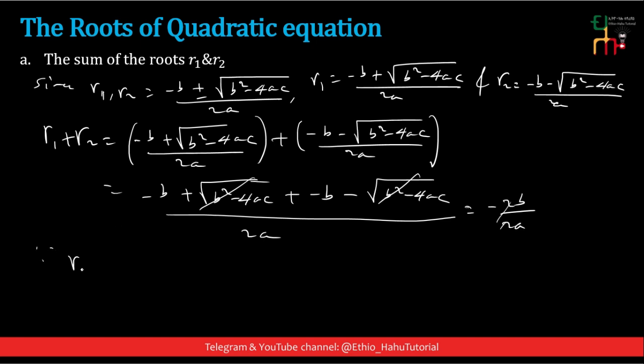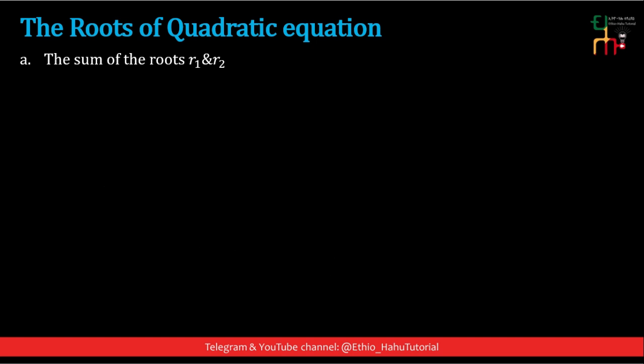Therefore, r1 plus r2 is equal to simply minus b over a, where a is the coefficient of the leading degree. In ax squared plus bx plus c is equal to 0, a is the coefficient of x squared, b is the coefficient of x, and c is the constant.